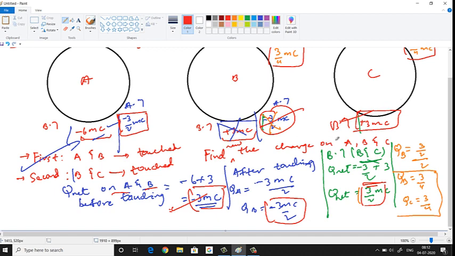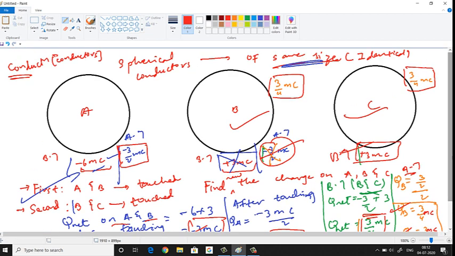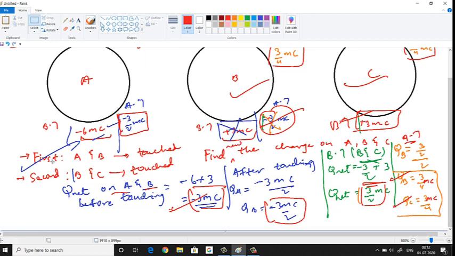Now that 3 by 2 is going to distribute equally on B and C after touching. So what is half of 3 by 2? 3 by 4. So on QB and QC, the charge is going to be 3 by 4 millicoulomb. This you have to write. And 3 by 4 millicoulombs. Right? Now, if they ask you, suppose, okay, this part I am removing.